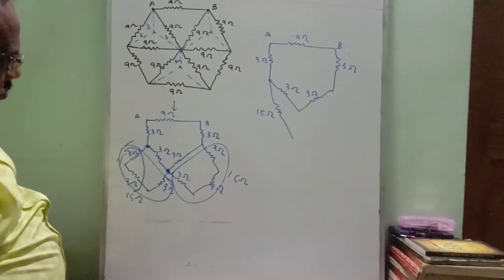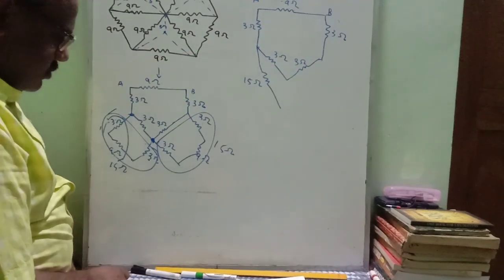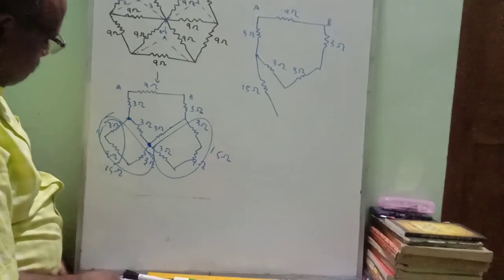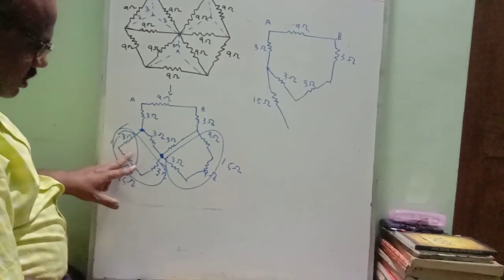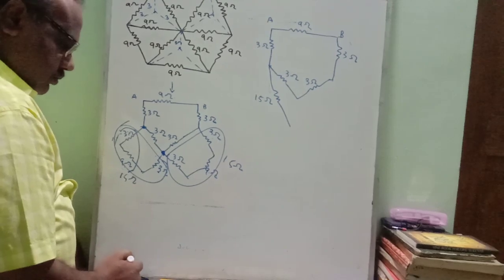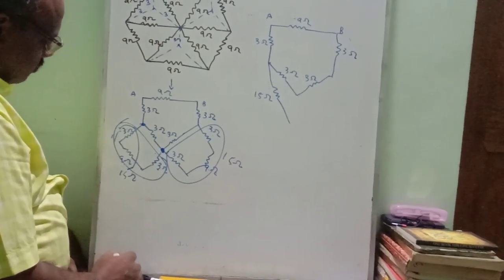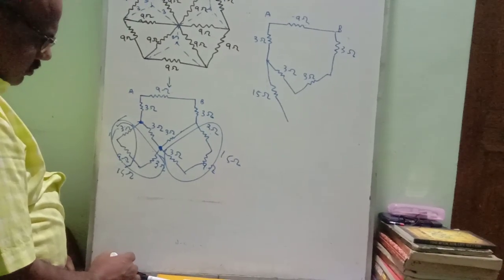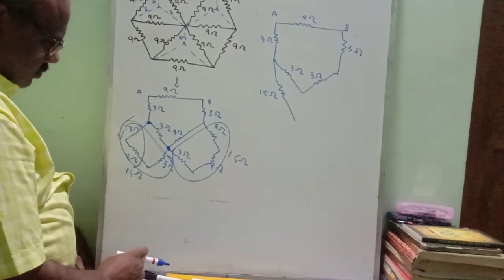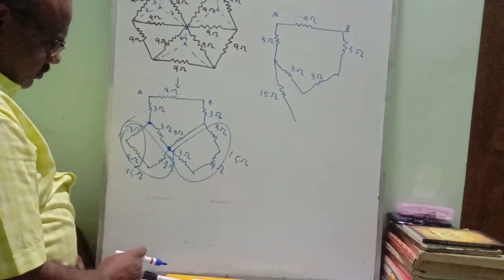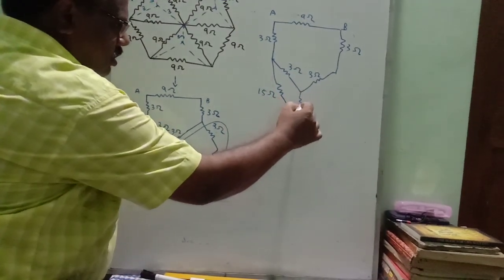Now we will draw. This is 3. This is 3. This is 15. So this will look like this.